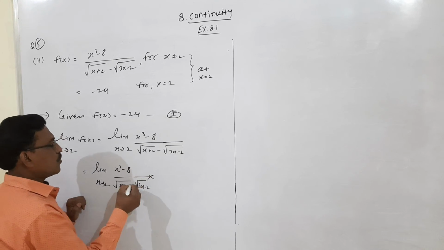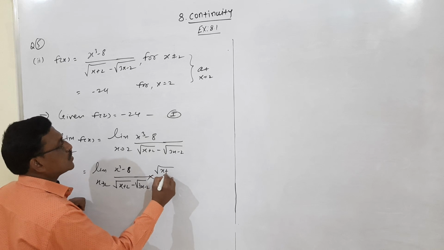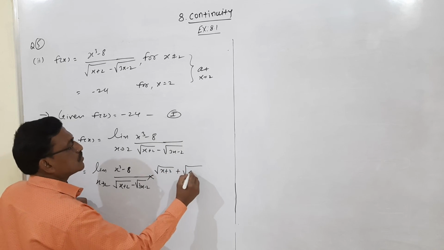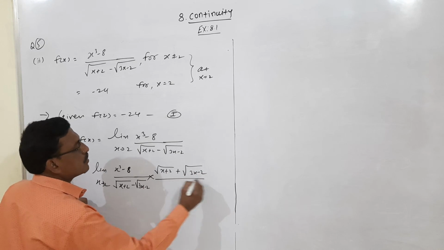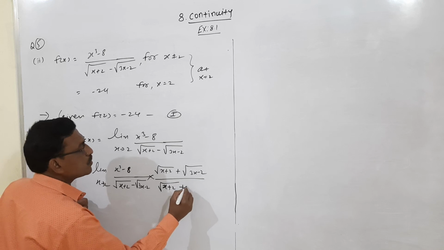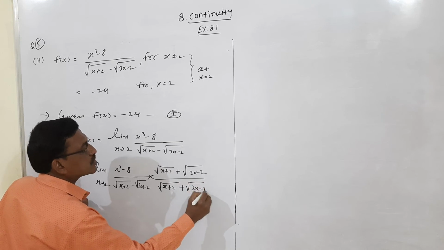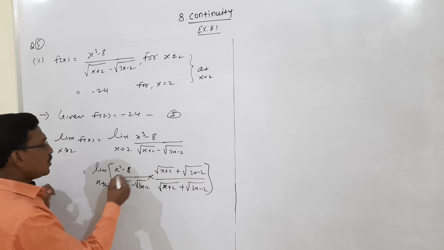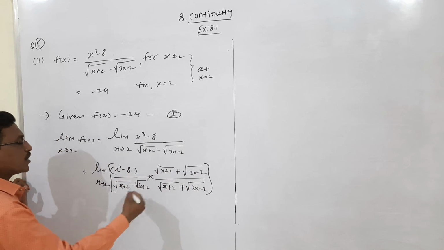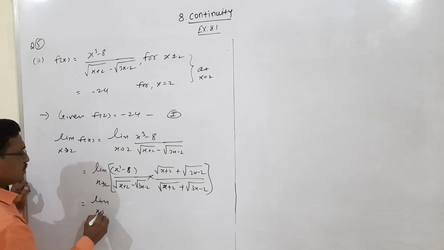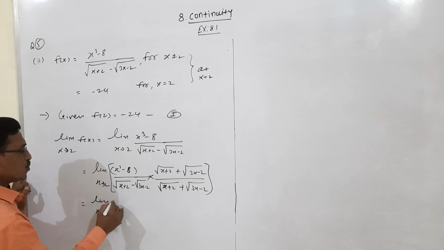We rationalize the denominator here, so we multiply and divide by root of x plus 2 plus root of 3x minus 2. Multiply numerator into numerator, denominator into denominator.